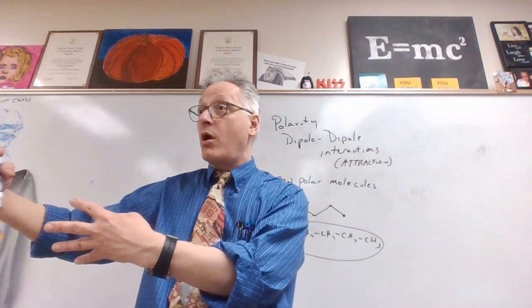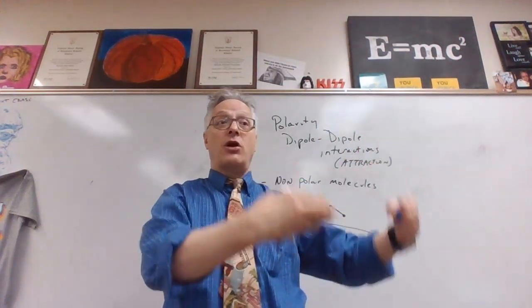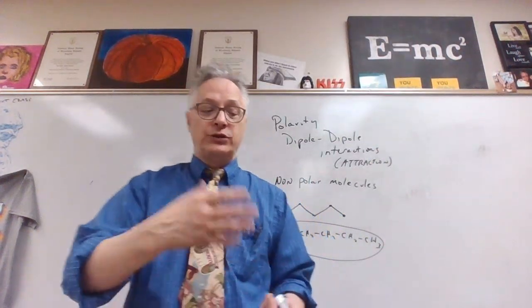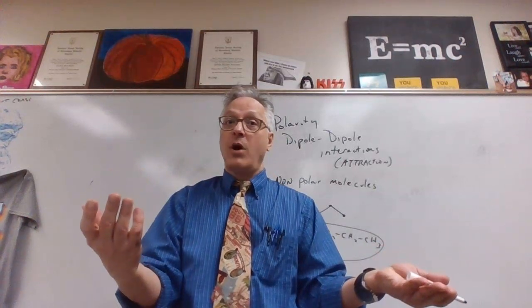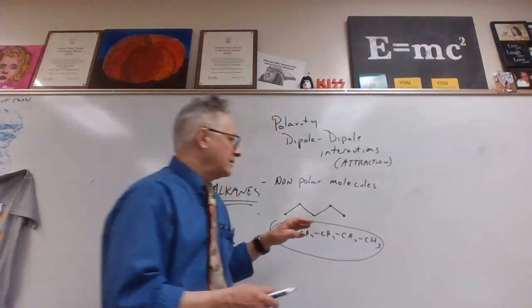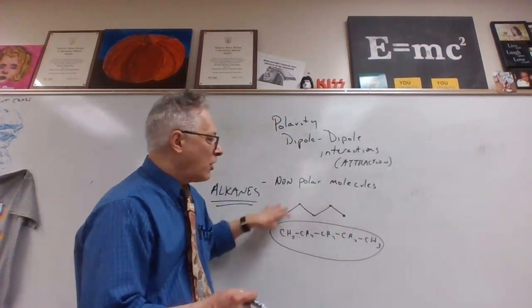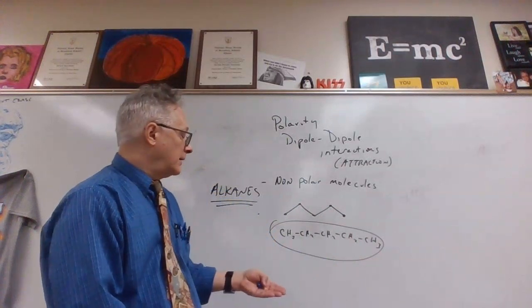I can have polar solvent dissolving polar solute. So for example, if I took water, I could dissolve some sugar in that because sugar, glucose, is a polar molecule. And something that would dissolve a nonpolar molecule would be other nonpolar molecules.